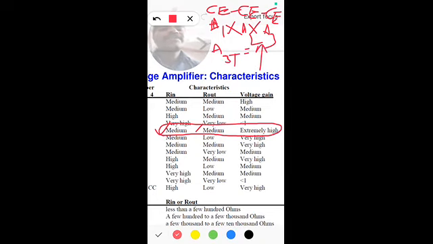This is the product of the individual stages. So we are going to get an extremely high voltage gain with this configuration. With three CE stages as individual stages in a cascade amplifier, we have moderate input and output impedance, but extremely high voltage gain.